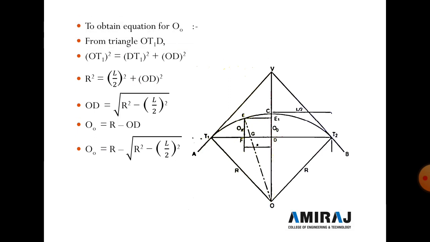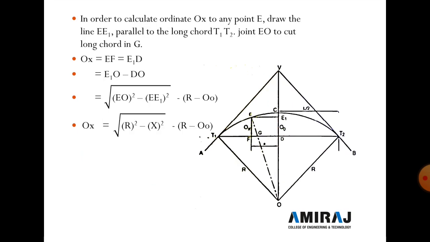So OD is equal to the square root of R square minus (L by 2) square. Now OO is R minus OD, so OO is R minus the square root of R square minus (L by 2) square. This is the ordinate distance of the point.